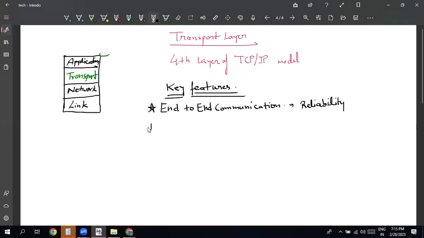Other than end-to-end communication, the next feature of the transport layer is segmentation. What happens here is, I need an answer from any of the participants. Guys, what is the PDU of the application layer?